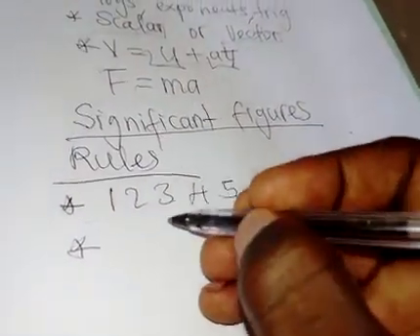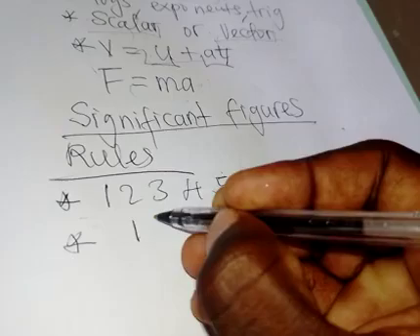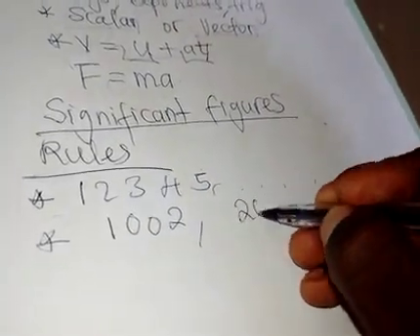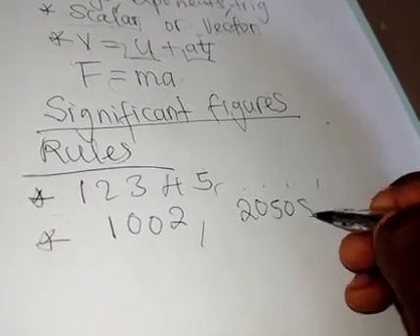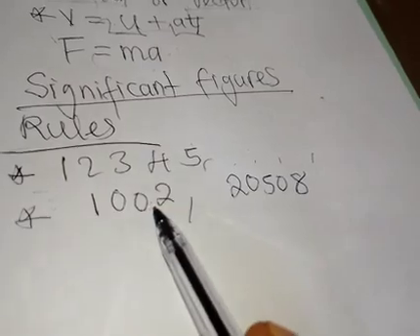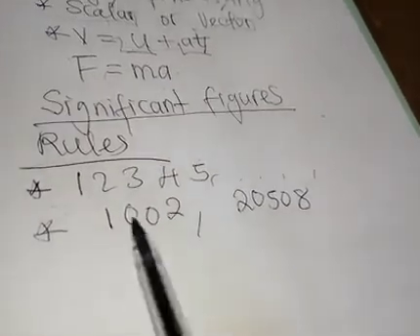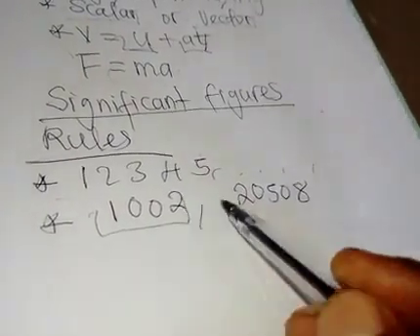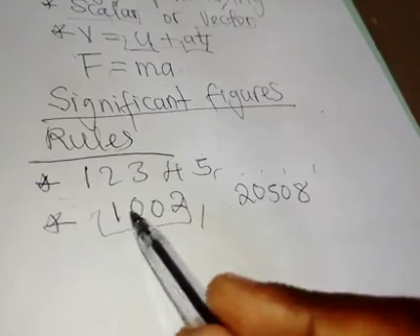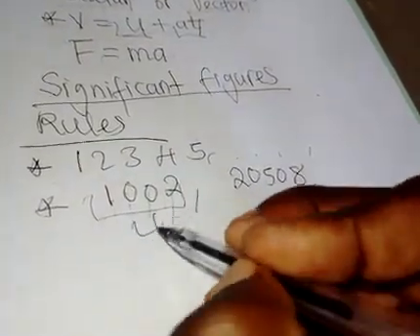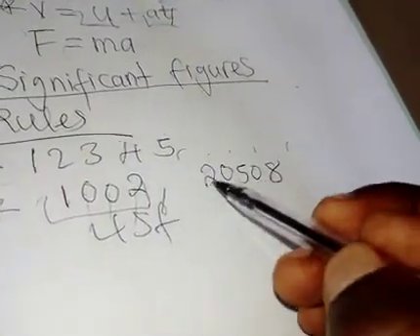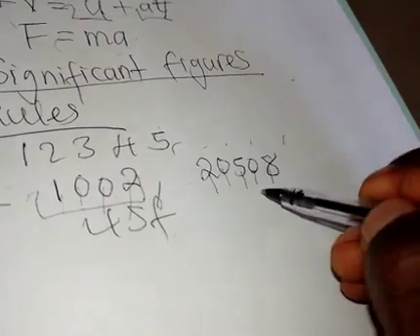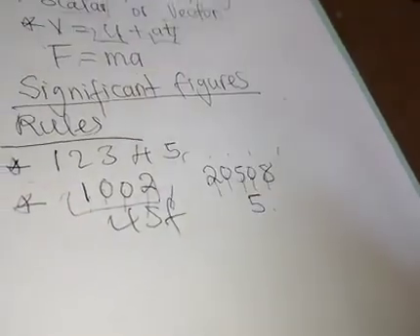For example, 1002, and another one, let's say 20508. These zeros are occurring between non-zero digits, so we say these are significant. In the first number, simply count 1, 2, 3, 4, so we have 4 significant figures. In the second number we have 1, 2, 3, 4, 5, so that's 5 significant figures.